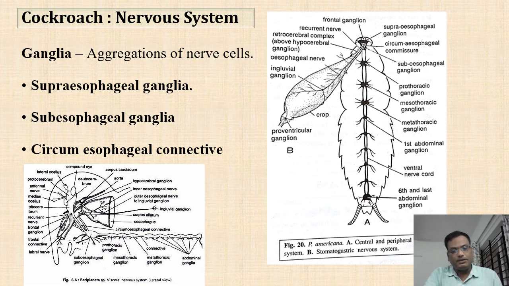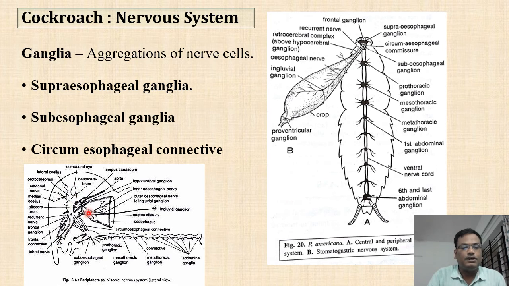Now just imagine the head of the cockroach is literally perpendicular to the body of the cockroach. Mouth is situated in the tip region. The esophagus is surrounded by the circumesophageal connective on the sides and above. I think in this picture it makes sense.